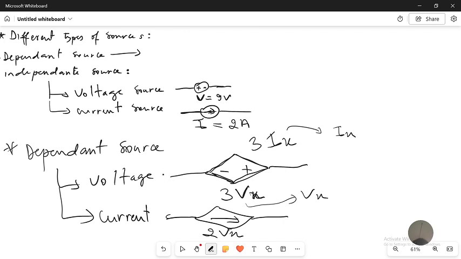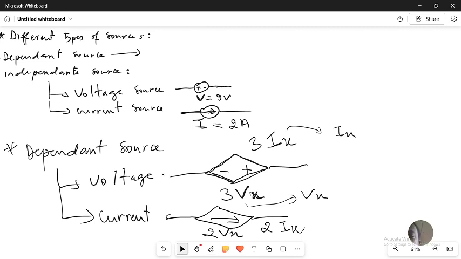If I have the value of Vx, I can determine the current of this source just by multiplying 2 by the value of Vx that I already found or was given. It can be 2Ix, meaning a current dependent current source because it depends on the value of current Ix. If I have the value of Ix, I can directly determine the current of this source.